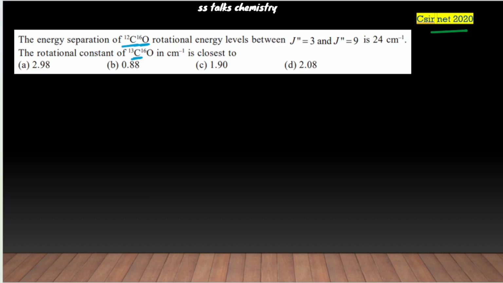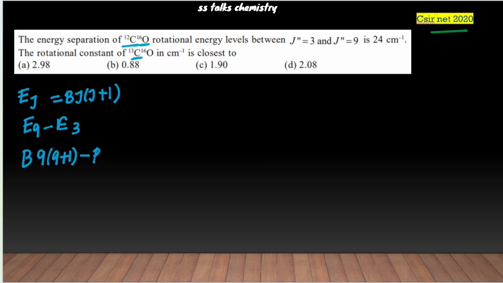Okay, so here firstly we need to find this energy gap. So for the Jth level, the energy value you have is BJ into J plus 1, right? Now the energy difference is E9 minus E of the third state. So it will be B into 9 plus 1 minus B into 3 into 3 plus 1.